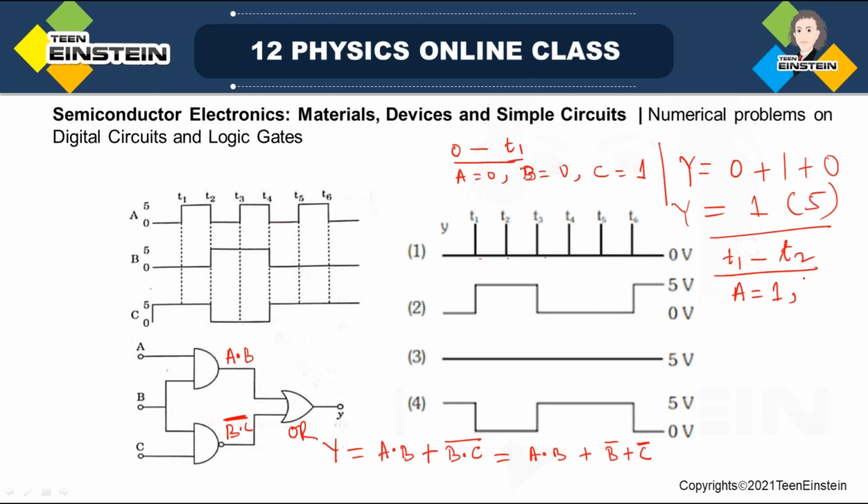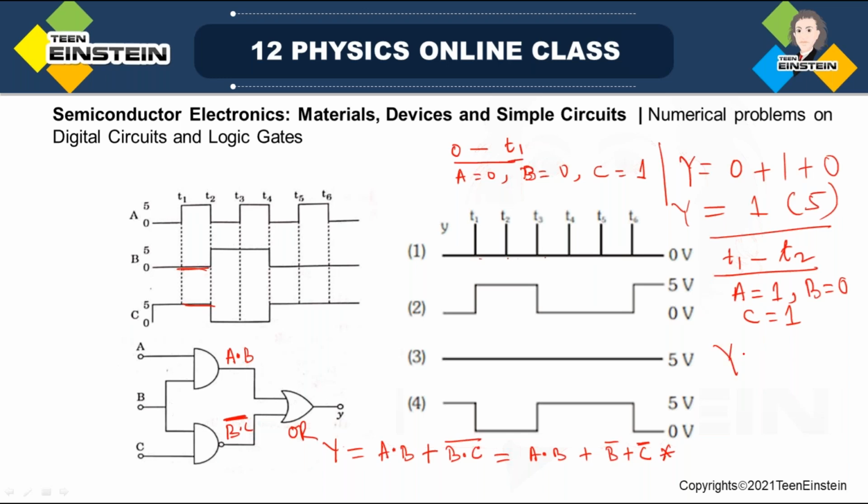What is B? B is still at low level, so it is 0. What about C? C is still at high level, so C is 1.